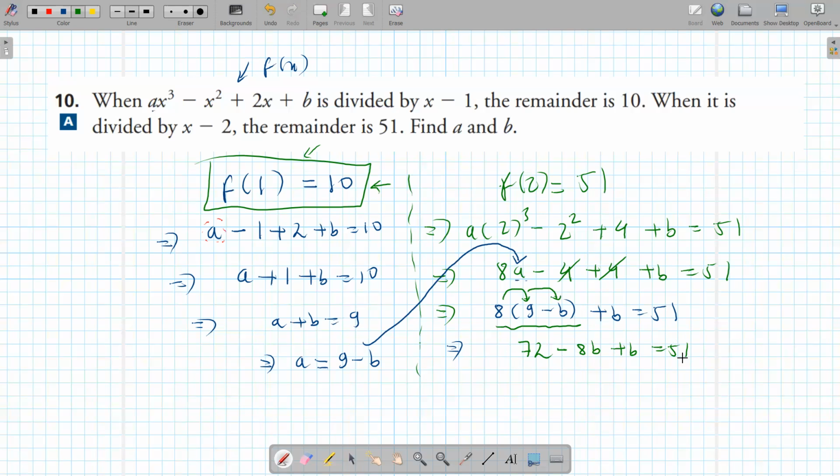What do we do next? We're trying to solve for b. You subtract 72. Yeah, you can subtract 72 from both sides, so you get negative 21, in fact. And you see these are like terms. Negative 8b plus b, what is that?